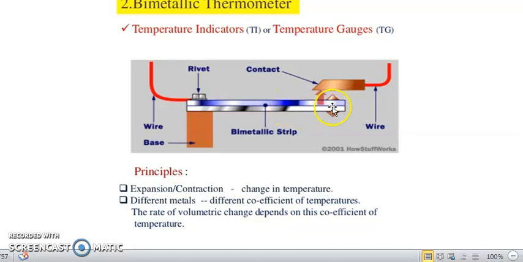This is the wire which is in contact with the scale, and there is an upward or downward movement through which the temperature is measured.